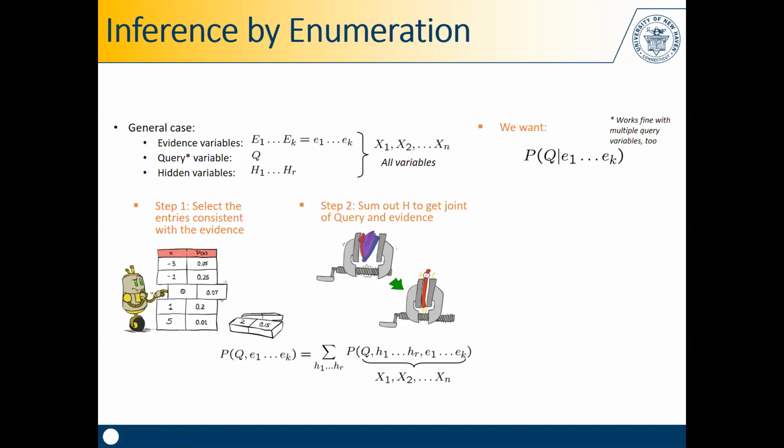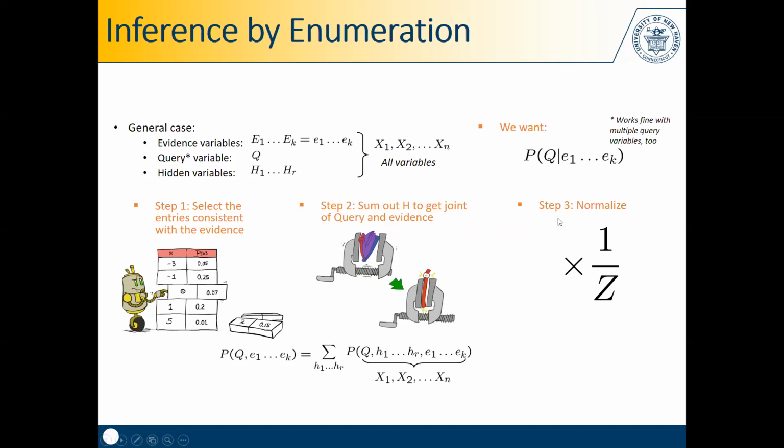I'm going to explain this further in an example. I was going to draw the example here, then I noticed that I do have the example in the next slide. And then the final step is to normalize to find the conditional probability distribution.